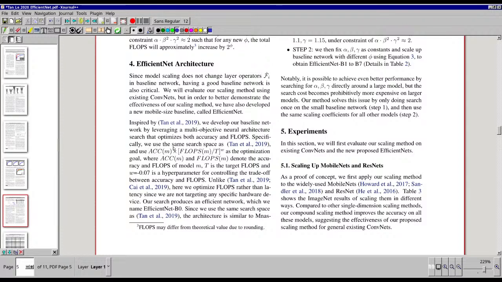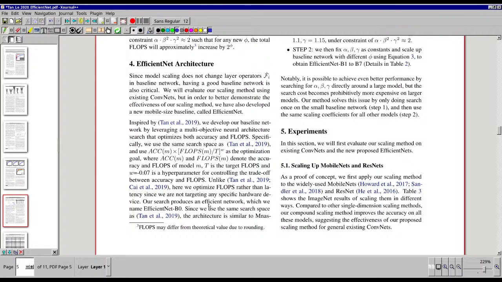Specifically, we use the same search space as Tan et al. 2019 and use accuracy of m times FLOPS of m over T to the w as the optimization goal, where ACC(m) and FLOPS(m) denote the accuracy and FLOPS of model m, T is the target FLOPS, and w is minus 0.07, a hyperparameter for controlling the trade-off between accuracy and FLOPS. Unlike Tan et al., here we optimize FLOPS rather than latency, since we are not targeting any specific hardware device.